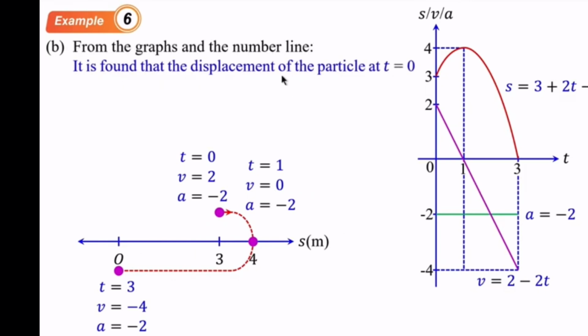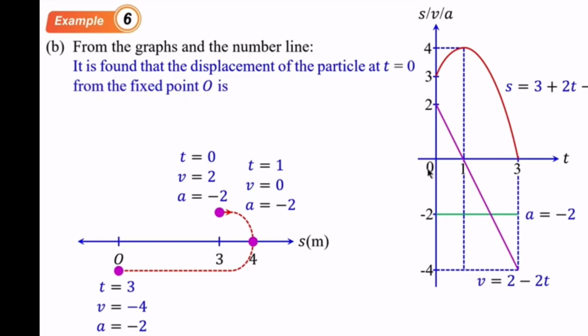Okay, it is found that the displacement of the particle at t equal to 0, we can write in a sentence. Okay, the displacement at t equal to 0 is actually the distance from the fixed point. How many meters when t is 0?